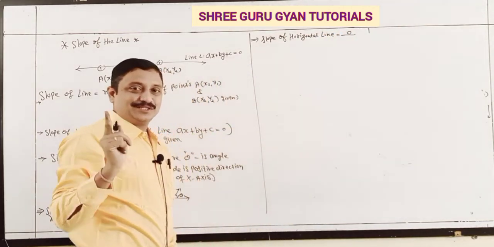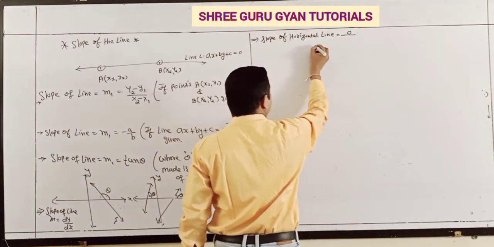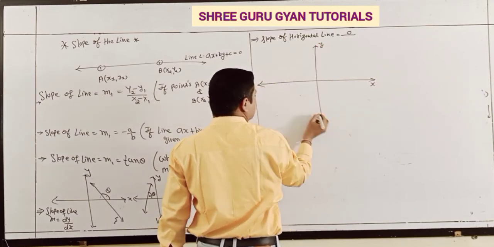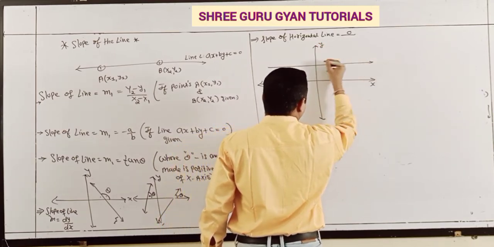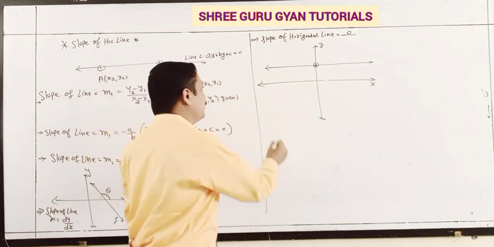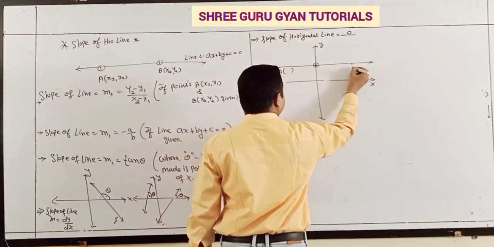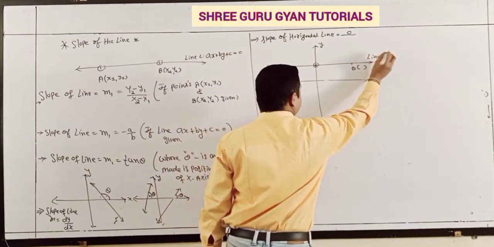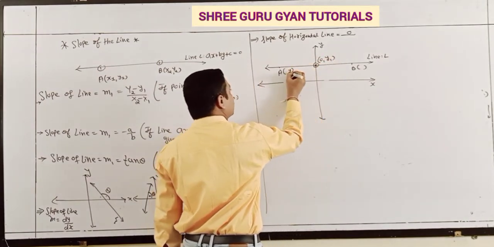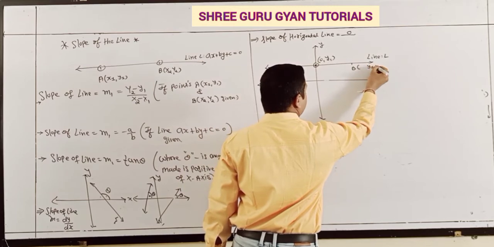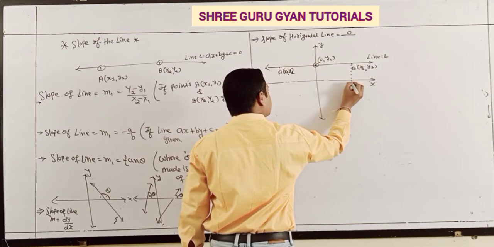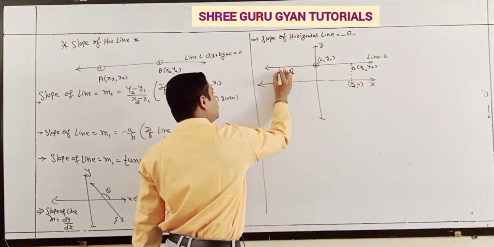Horizontal line slope is always 0 because, consider this drawing, x-axis, y-axis. This is a horizontal line passing through one point on the y-axis. Here is point A, here point B, and that is the line L. Passing through here I take 0 comma y1, definitely y1 here also y1, and here the x1 points differ, here x2 differs because this point is x2 and this point is x1.